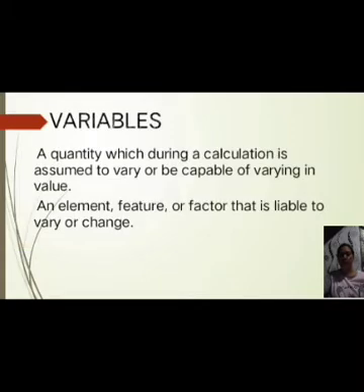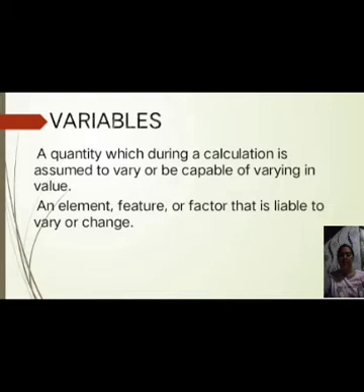So, a variable is a quantity which during a calculation is assumed to vary or be capable of varying in value. This is an element, feature, or factor that is liable to vary or change.